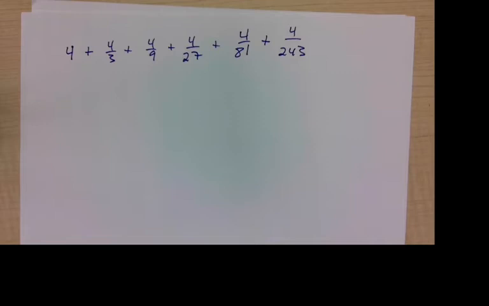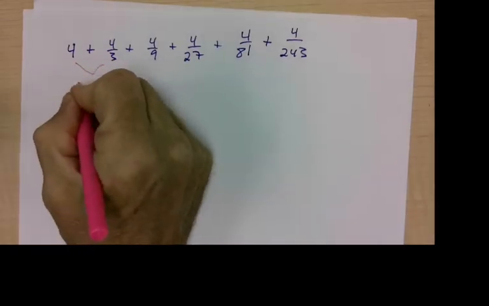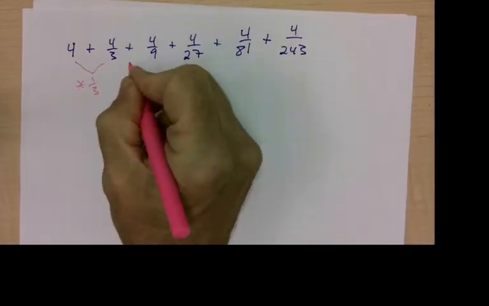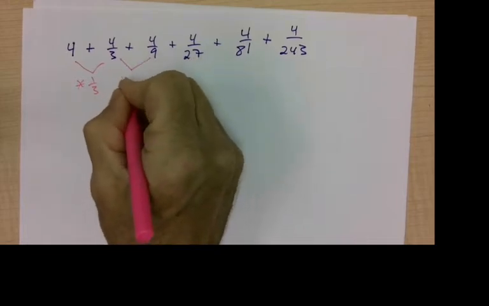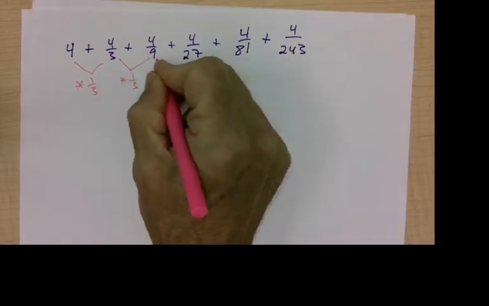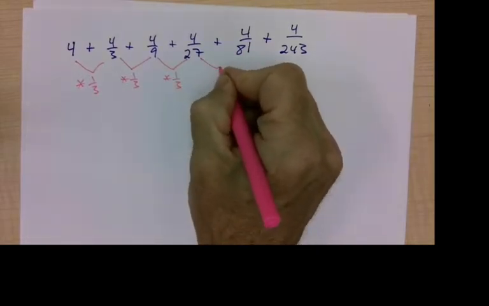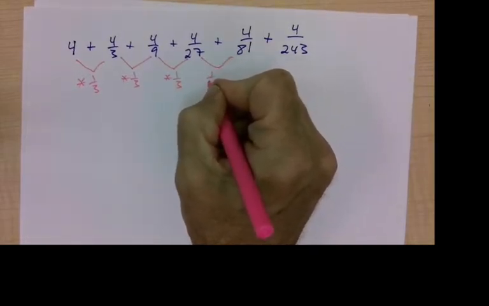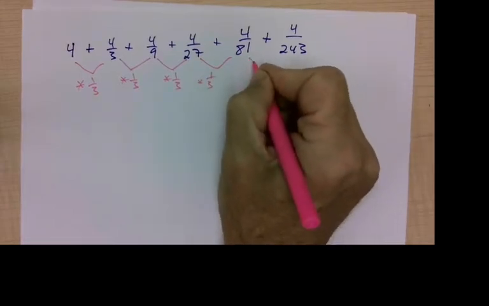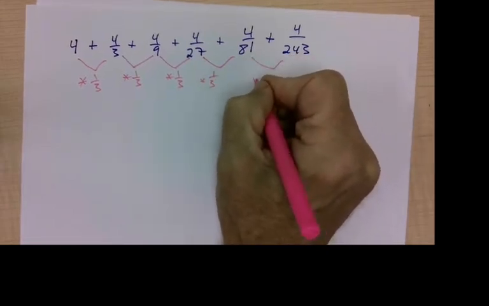So we have a common ratio. To get from 4 to 4/3, we multiply by 1/3. To get from 4/3 to 4/9, we multiply by 1/3. To get from 4/9 to 4/27, we multiply by 1/3. To get from 4/27 to 4/81, we multiply by 1/3. To get from 4/81 to 4/243, we multiply by 1/3.